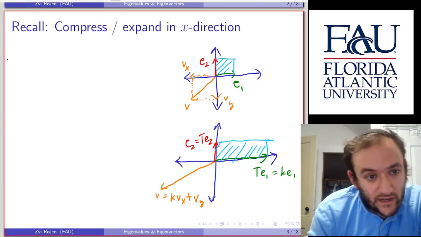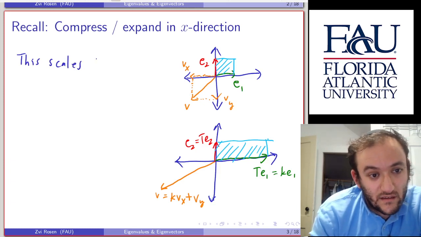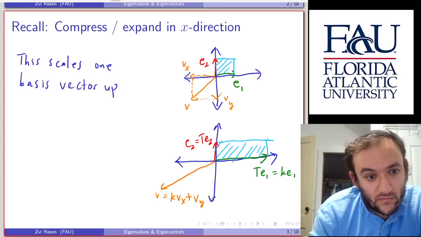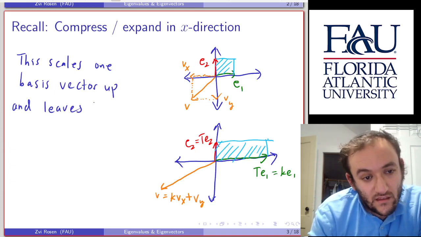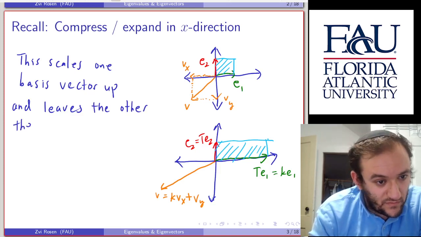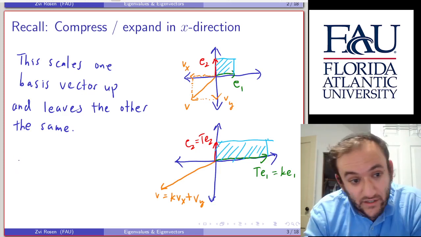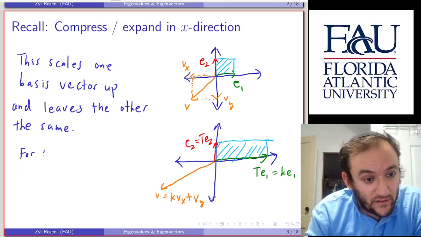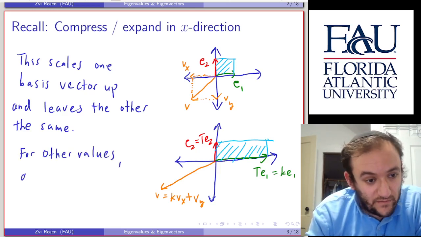So what's going on here is this scales one basis vector up, and leaves the other the same. And to get the other vectors, for other values, apply linearity.